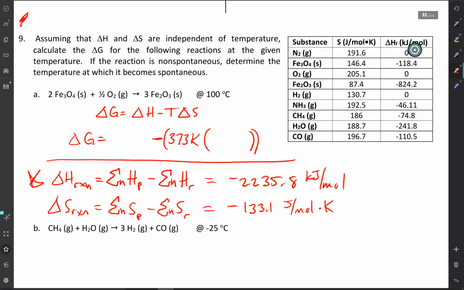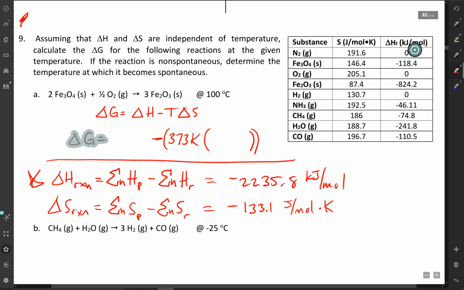Suddenly now I have information to fill in the rest of this equation. My delta G is equal to negative 2235.8 kilojoules per mole.